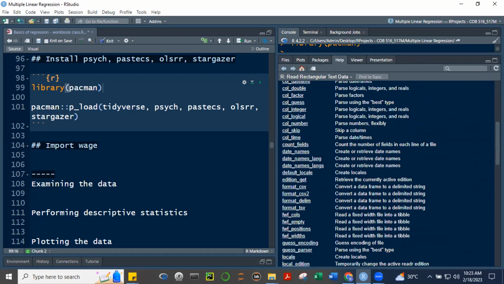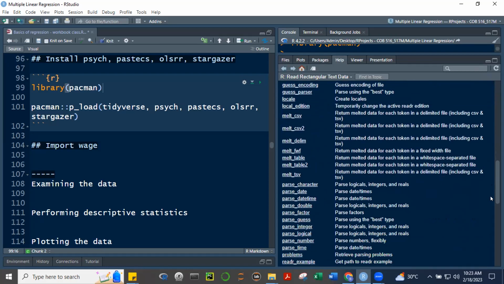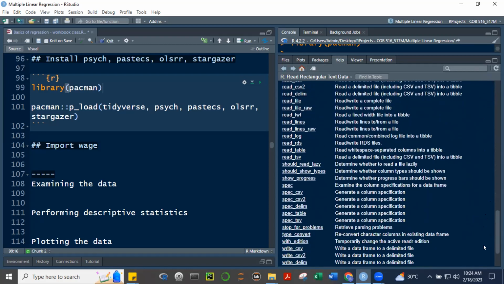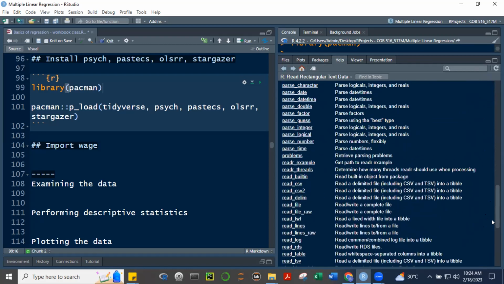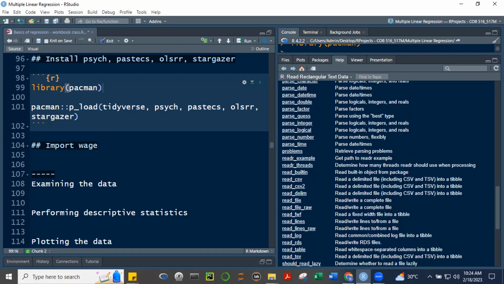I will not go to the descriptions, but in readr, you can load data sets, no? Take a look at this. Pwedeng read_csv, read_csv2, read_delim, read_file, read_table, etc. So what we're going to use is this one, read_csv.